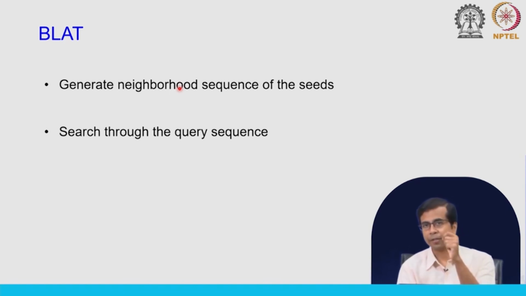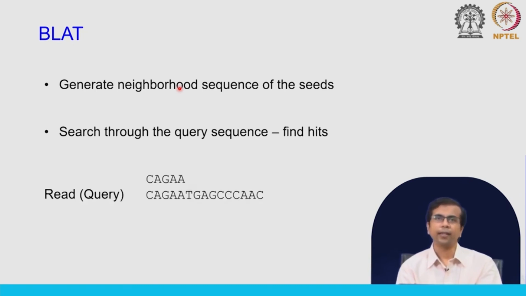Without going into all the details, because we have seen how you generate these neighborhood sequences, you generate those for the seeds here, and then we search through the query sequence, something like this, and then you find hits. Again, you expect perfect matches because we have considered these variations. When you are considering these neighborhood sequences with certain matches, we are accounting for sequencing errors. We have accounted for sequencing errors.